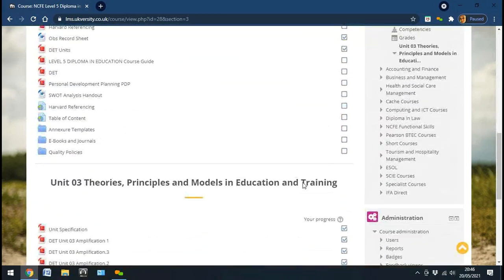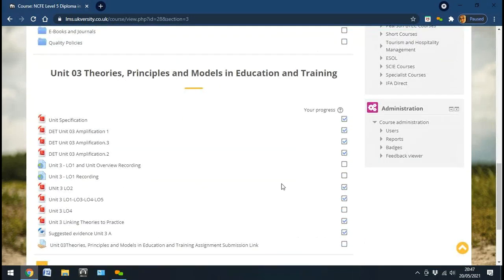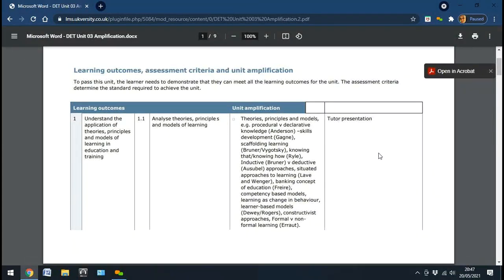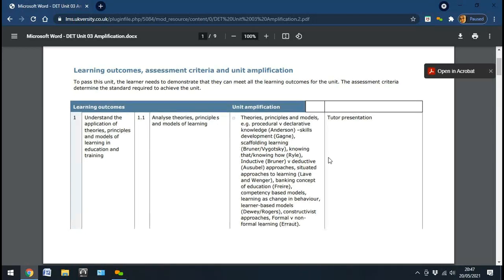So looking at this unit, I've looked at 2 or 3 amplifications. I'm going to look at Unit 3 Amplification 2. Now it looks at the learning objective. It looks at the initial assessment criteria for 1.1, which is analysed theories of principles and models of learning.